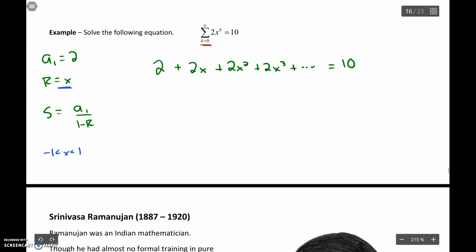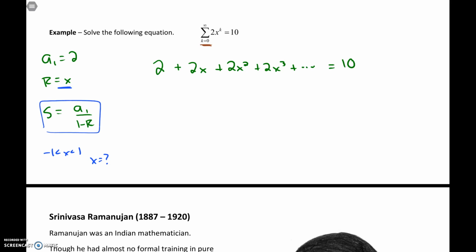Well, I don't know what x is. So what I need to do here is assume that it's between negative 1 and 1, use this formula, and then double check to make sure that it is actually between negative 1 and 1 to see if the solution is valid. So this sum, if it exists, is going to be 2 over 1 minus x.